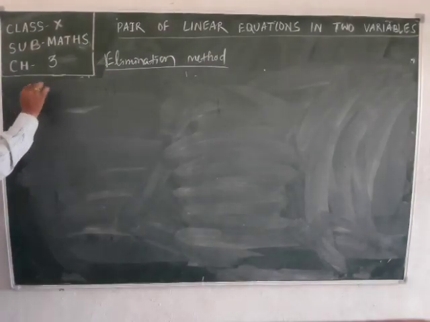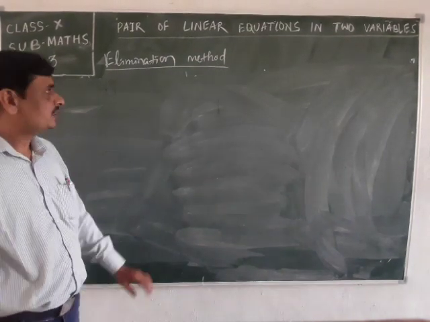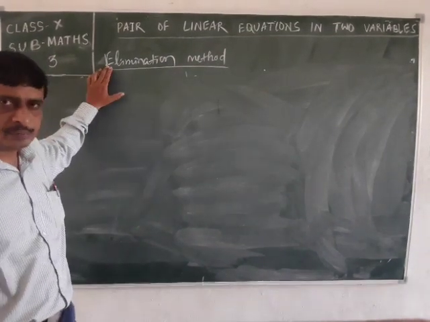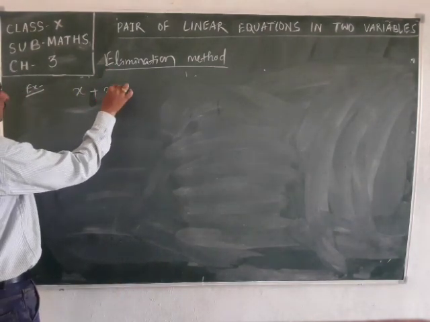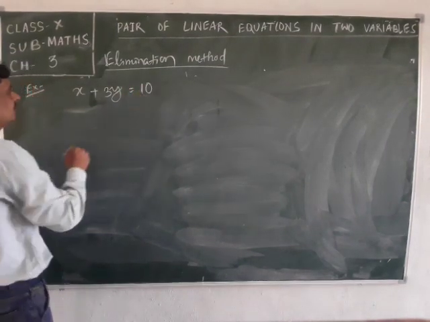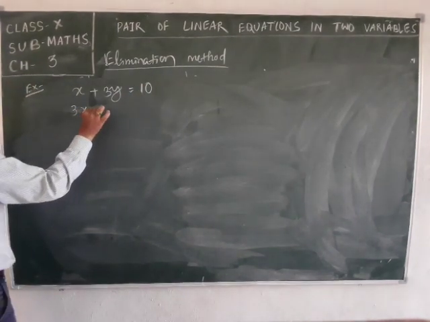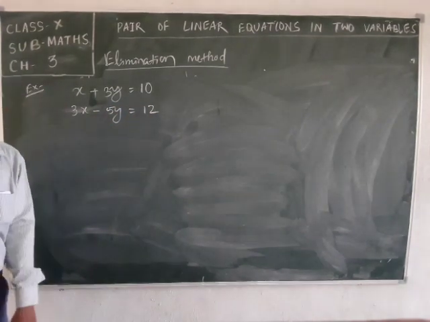Here, we will take an example to show how we can solve a pair of equations by the elimination method. x plus 3y is equal to 10 and 3x minus 5y is equal to 12.